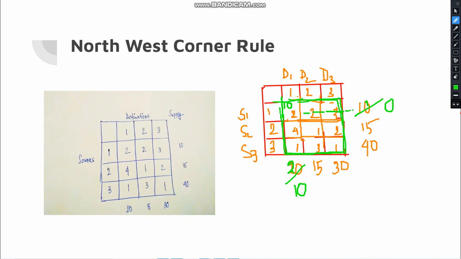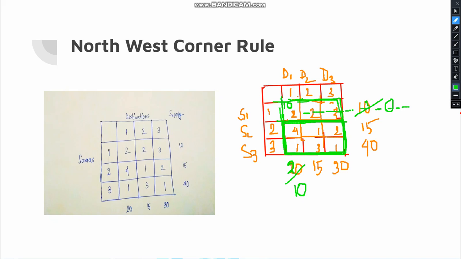So we draw a line which indicates that this row has been exhausted. After this is completed, the matrix looks like this. It is the part which remains after the allocation of 10.